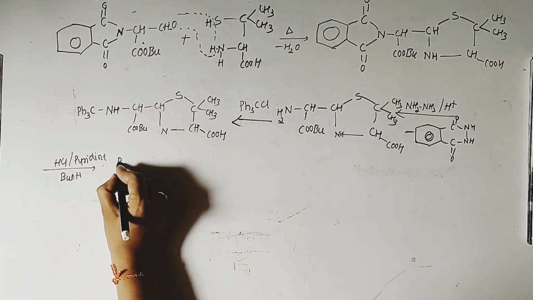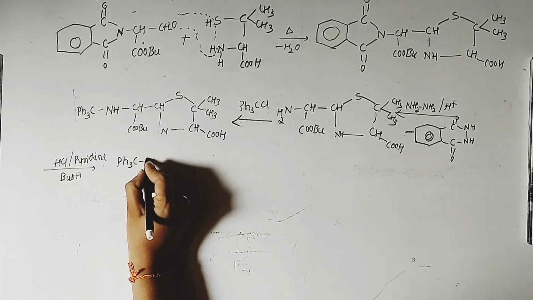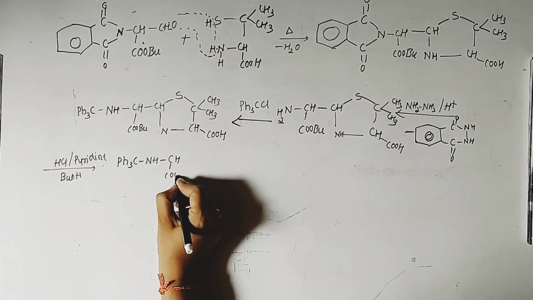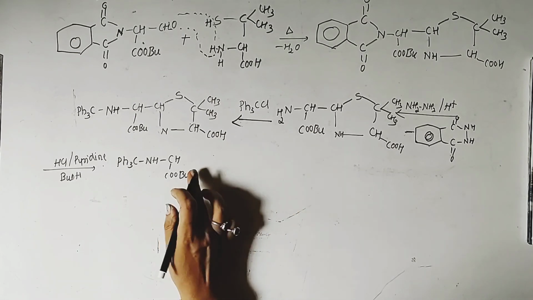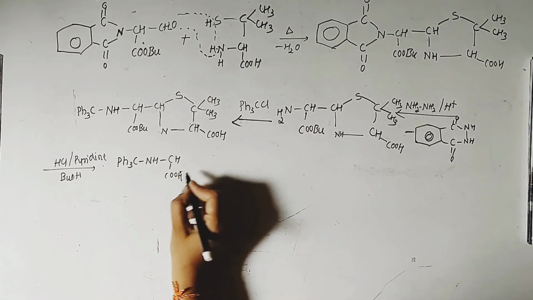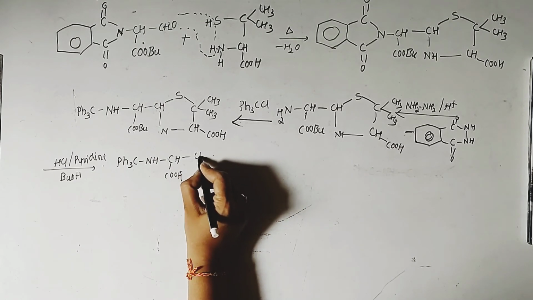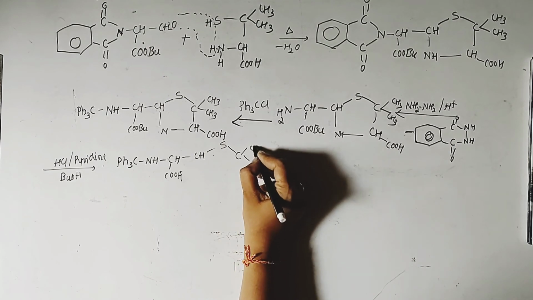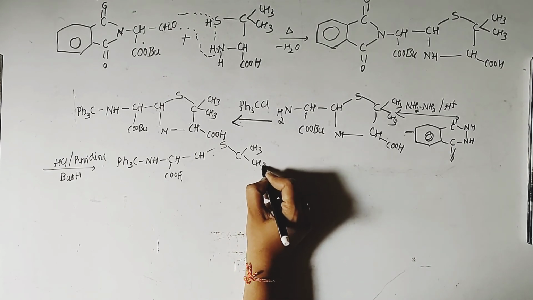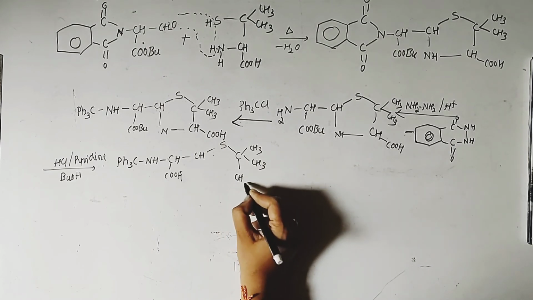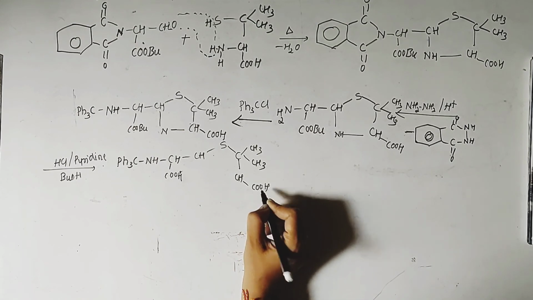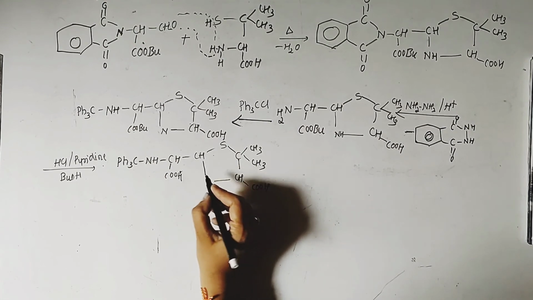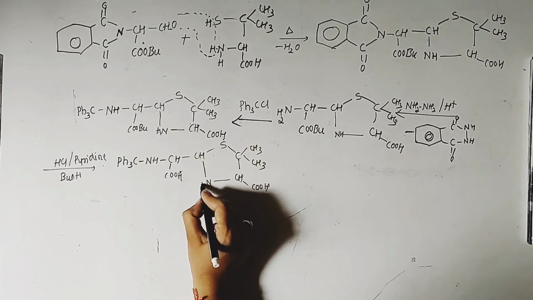So the remaining compound that we have PH3C here, NH, CH, COOBu, this is H now, later CH, S, C, CH3, this is CH, COOH, and here nitrogen, this is NH.